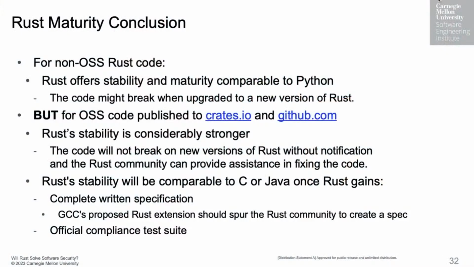Okay. So as a quick conclusion on maturity, our conclusion was that there are two levels of maturity for Rust, depending on whether you're working with open source Rust code or proprietary closed source code. If you're doing proprietary code, that is, you're not sharing it with anyone, or you're sharing it only with a paying customer, then you've got about the same level of maturity that you have with Python.